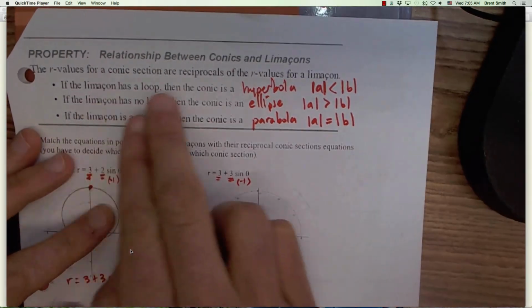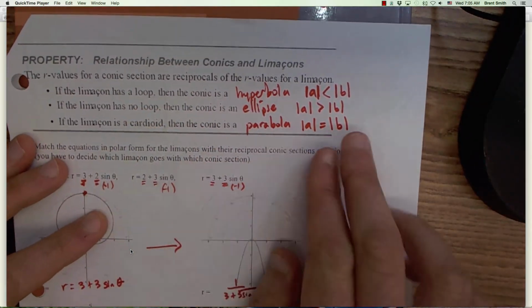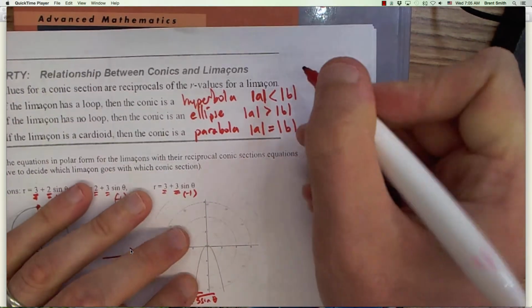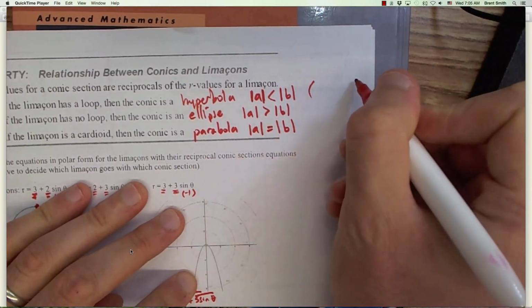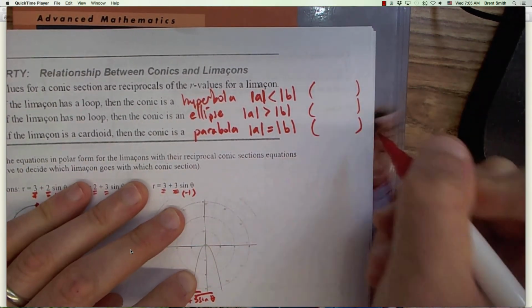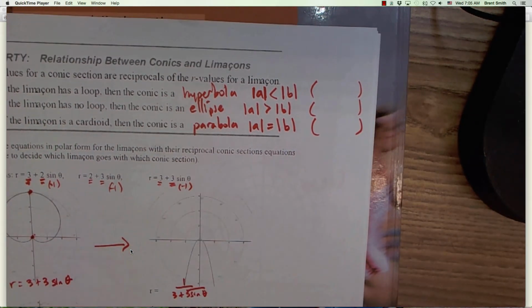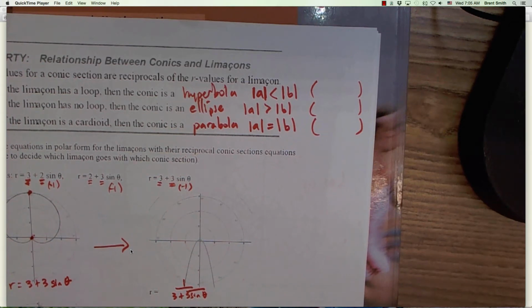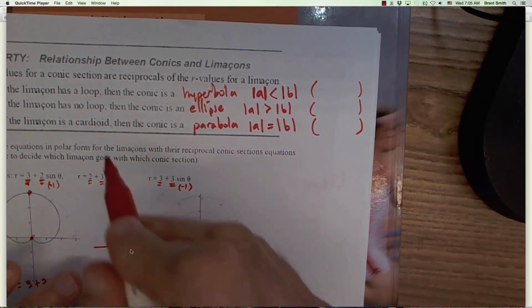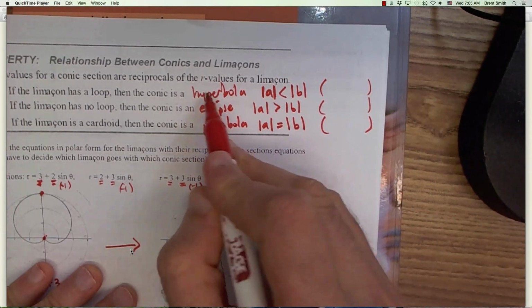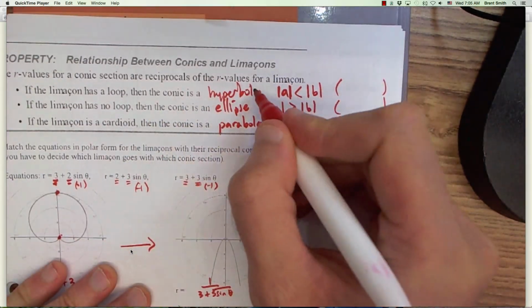So let's try to remember these connections. I'm just going to rewrite the eccentricities here. Maybe you can pause the video for a second and see if you can remember what the eccentricities are for hyperbola, ellipse, and parabola. Okay, again, if it has a loop, then it's a hyperbola, this reciprocal function.